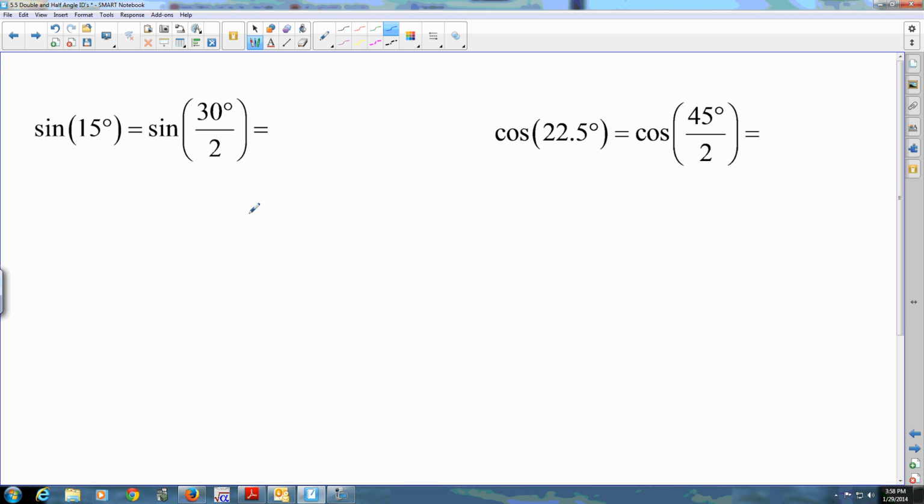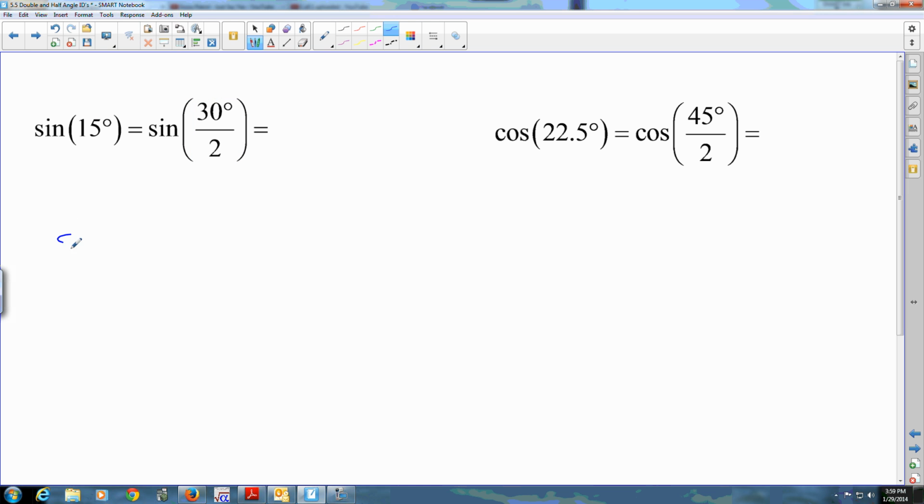All right, here's where it's going to start making a teensy bit more sense when you're using actual angles. This is the half angle. This is worth 15 degrees. When you set up this pattern, let me back up and rewrite this.